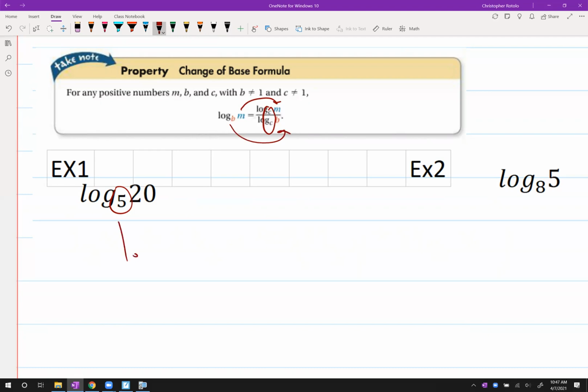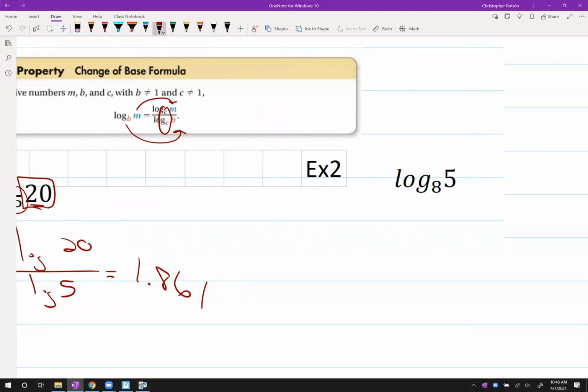I take log of the big one, meaning the one in normal print, log 20, divided by log of the little one, 5. So we can punch that into our calculator. Please do use parentheses on this one. We want to use log 20, close it up, hit enter, and then divide it by log of 5. Don't have to close that one. So if you're getting 1.861, then you did okay with that.